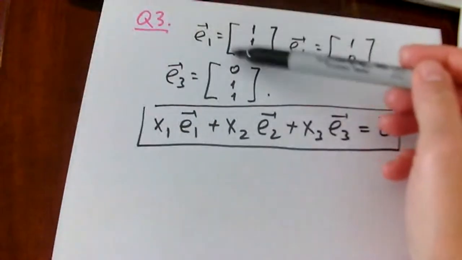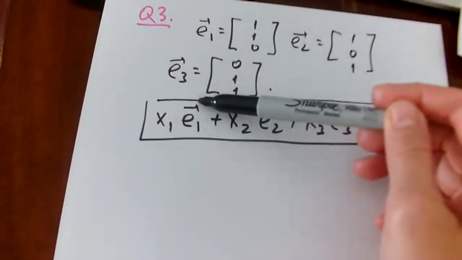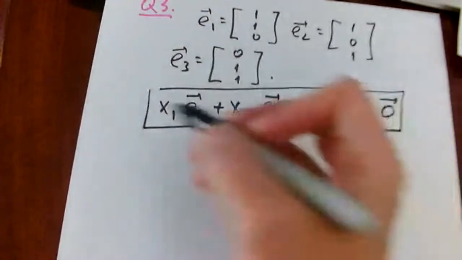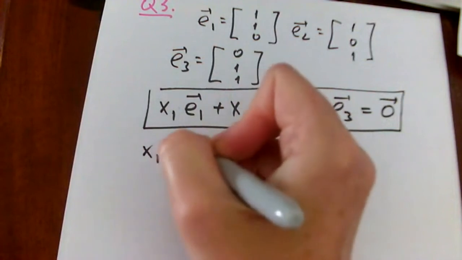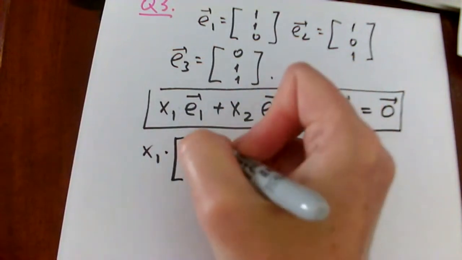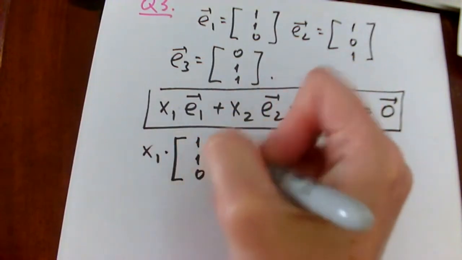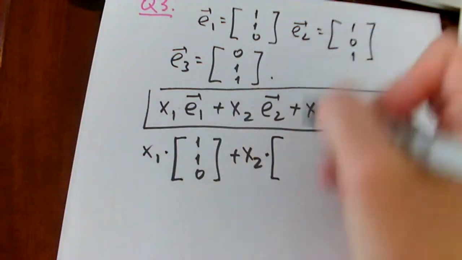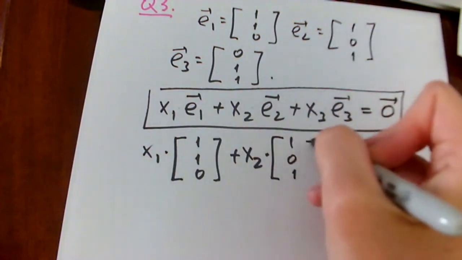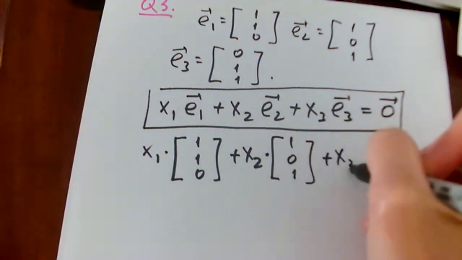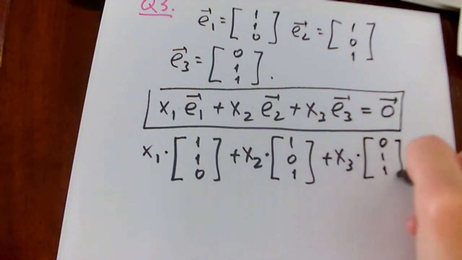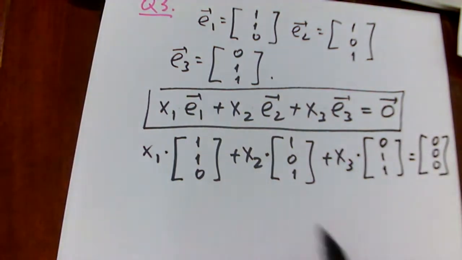We have components of each vector, so it might be a good idea to substitute each vector by the column of its components. X1 gets multiplied by the column (1, 1, 0) instead of e1. The same goes for e2, (1, 0, 1), plus x3 times the third vector, (0, 1, 1), and it's all equal to the column (0, 0, 0).